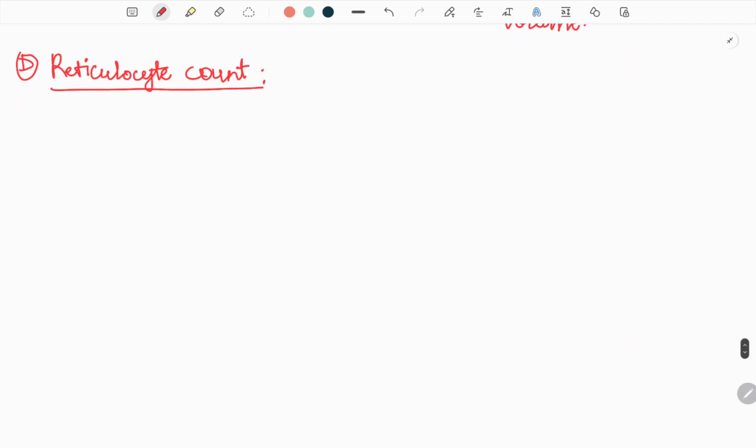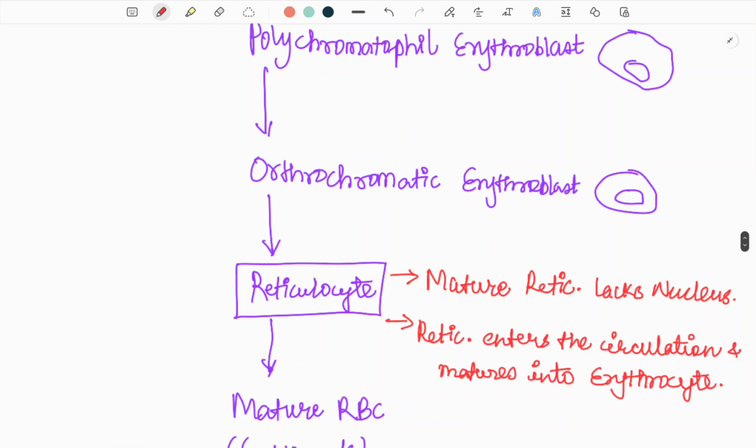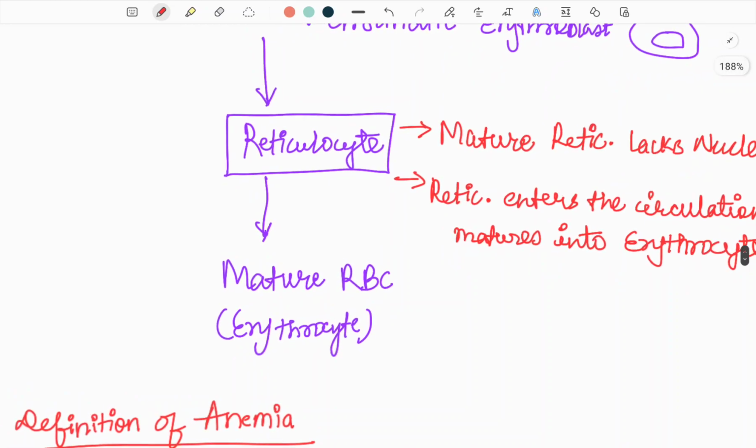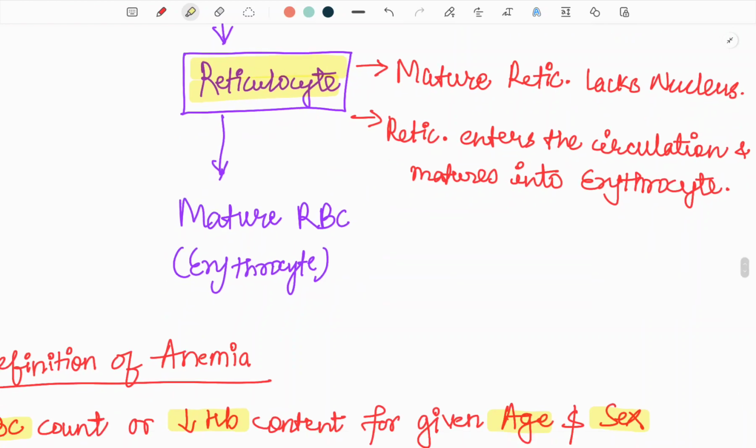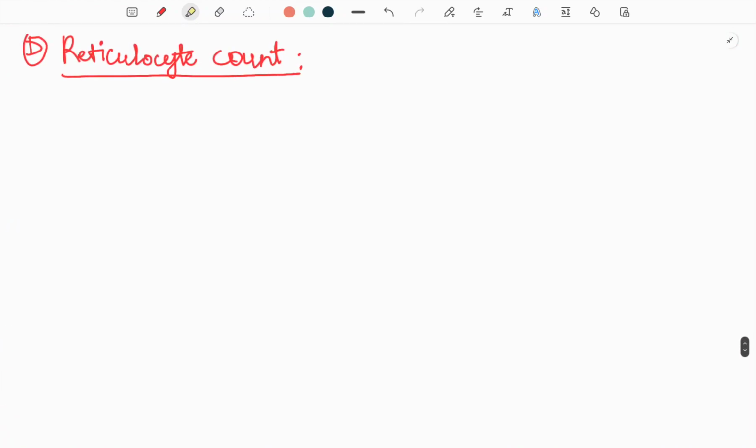So why is reticulocyte so important? See, since RBCs enter the circulation at this step, that is at this step of reticulocyte. Okay. So this particular cell is very important when we are dealing with anemia. Why? We'll look.